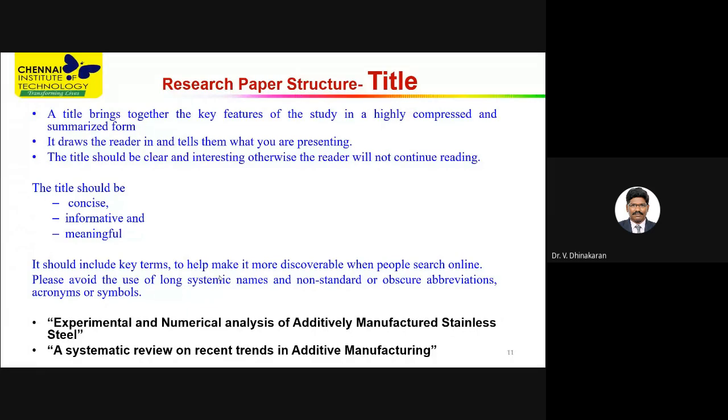The title alone will draw the attention of researchers. By seeing the title itself, the researcher will decide whether to go inside or not. Primarily, whether we should read further or not, the title will give an idea to the researcher.